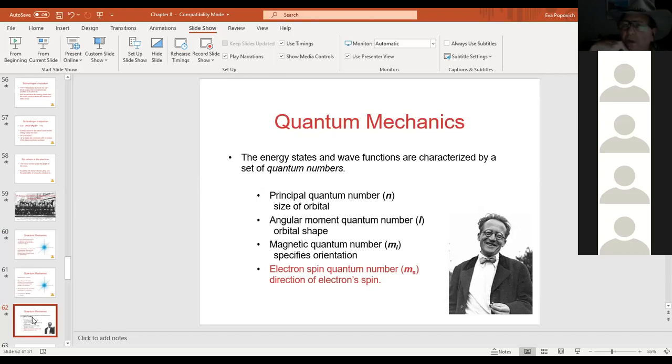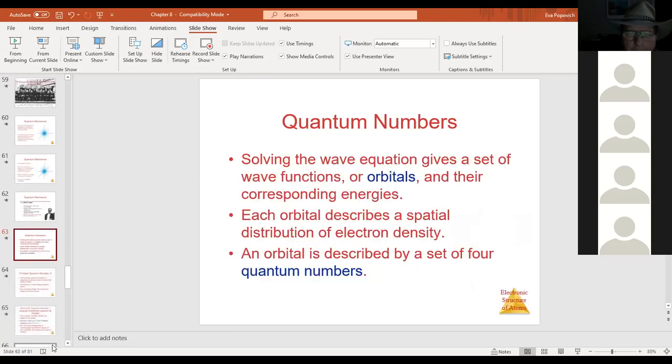We define it in terms of the magnetic quantum number, M sub L. This specifies orientation along specific axes. And the last one is called the electronic spin quantum number. That gives you the direction of the electron spin.